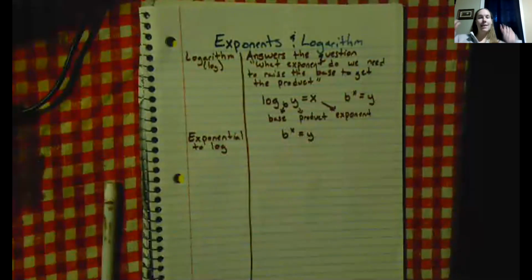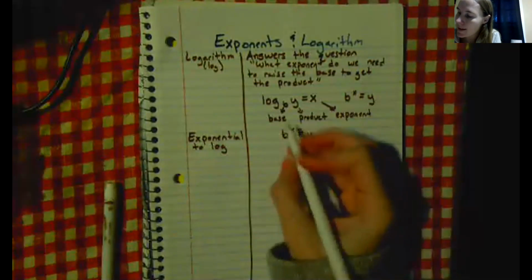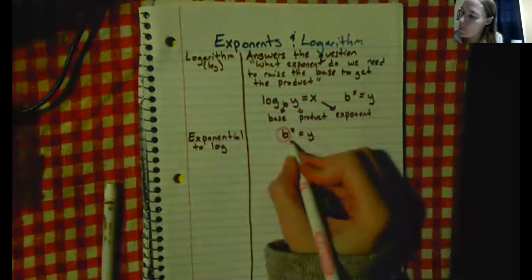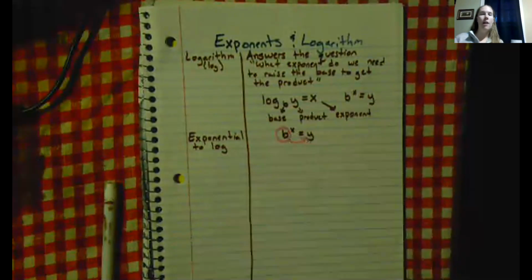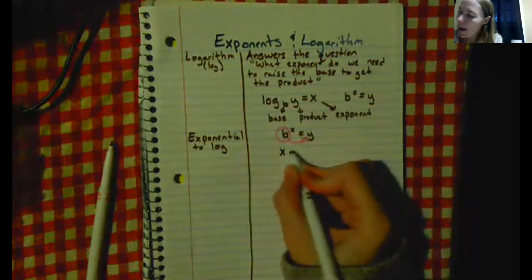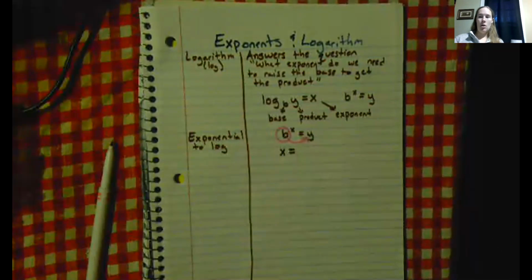The way we take the inverse is we need to change the base. So I'm going to take this base and I'm going to move it to the other side of my equal sign. So what's left on this side? I have an x left, and it's going to equal something.